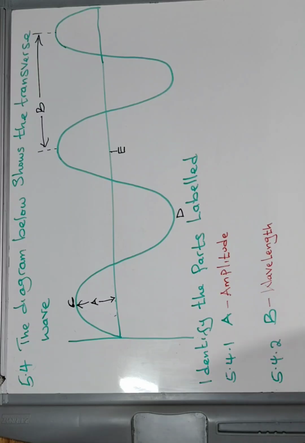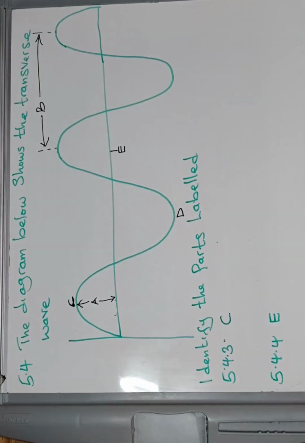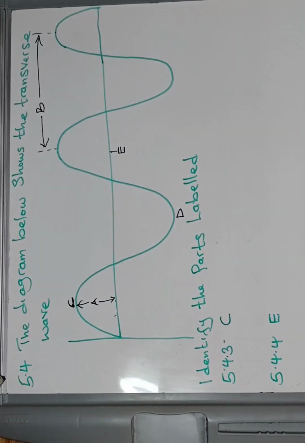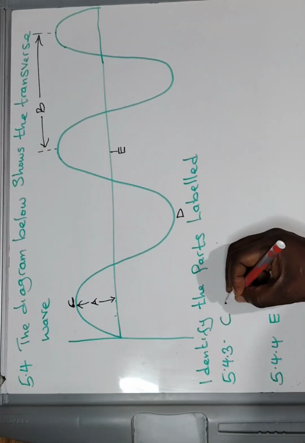Let's look at the more questions which are coming on this. So comes the next part, C. What does C represent? C represents the crest. Okay.